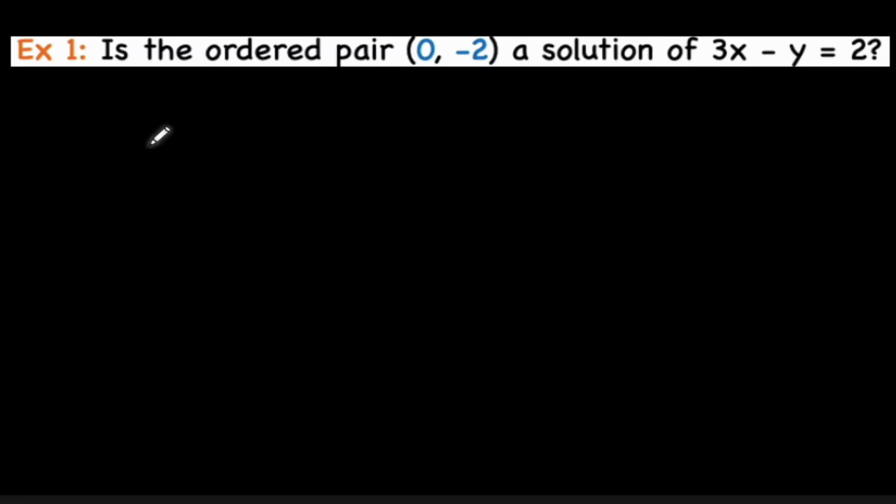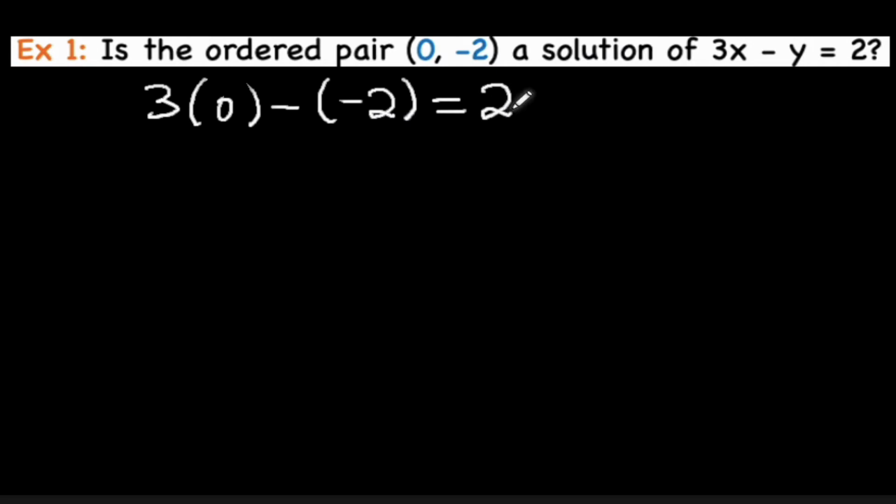Example 1 asks us, is the ordered pair 0, negative 2 a solution of 3x minus y equals 2? So in order to determine that, we have to substitute x for 0 and y for negative 2. 3 times 0 minus negative 2 equals 2. 3 times 0 is 0.